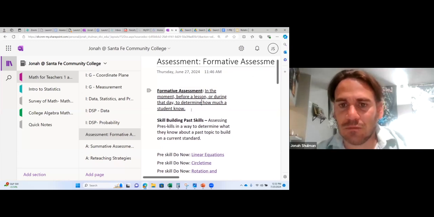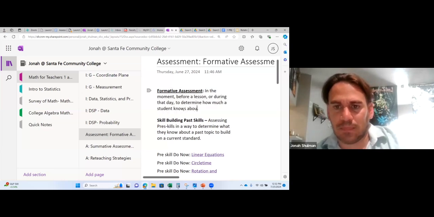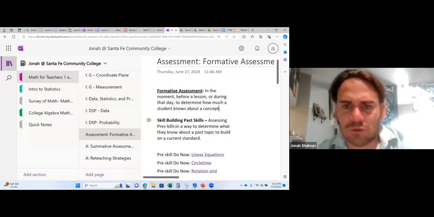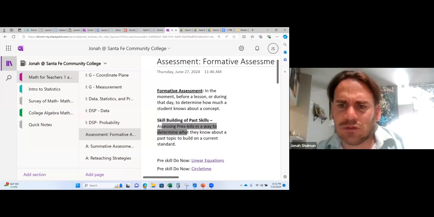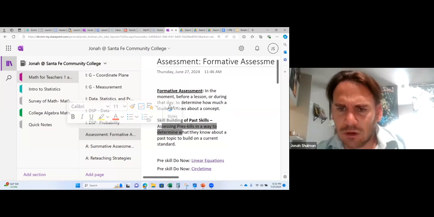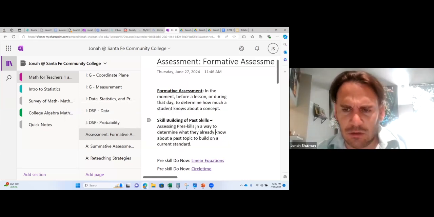It's in the moment, before a test or during that day, to determine how much your student knows about a concept. The first one is skill building of past skills. So you're assessing pre-skills to determine what they already know or learned about a past topic.